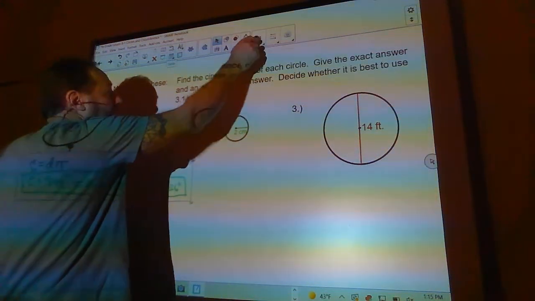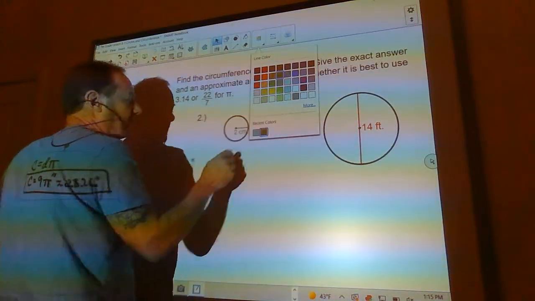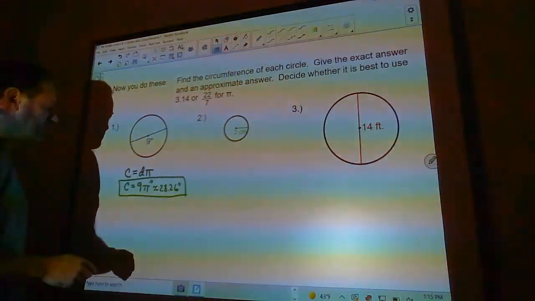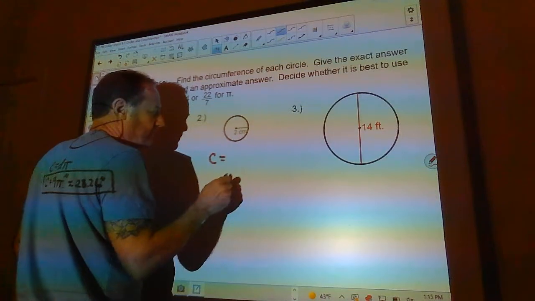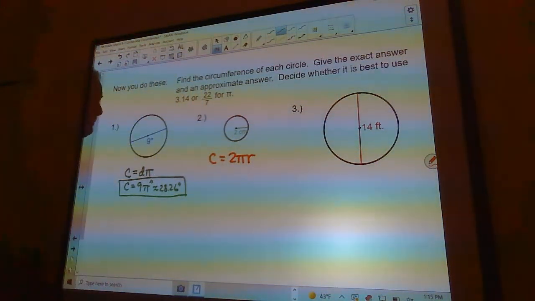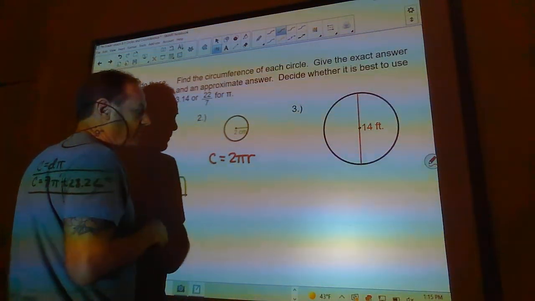Let's go on to this one right here. Again, I'm going to use this formula: circumference equals 2 pi r. I use 2 pi r this time because I got the radius. You don't have to. You can just double that in your head and say, oh, the diameter is 4.